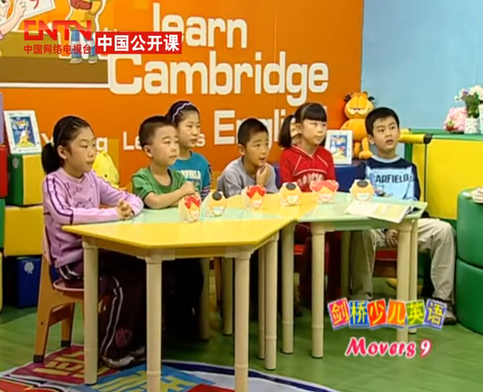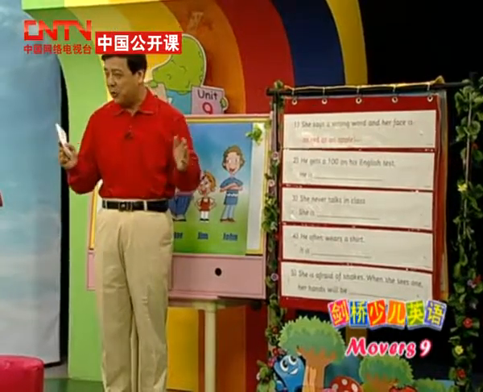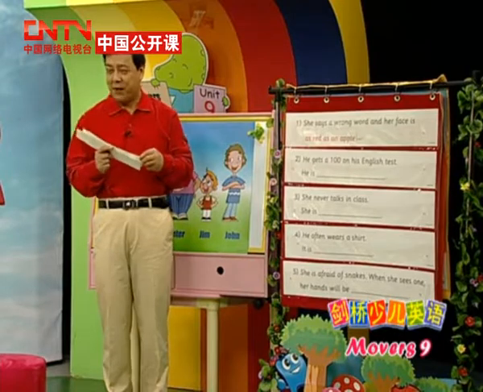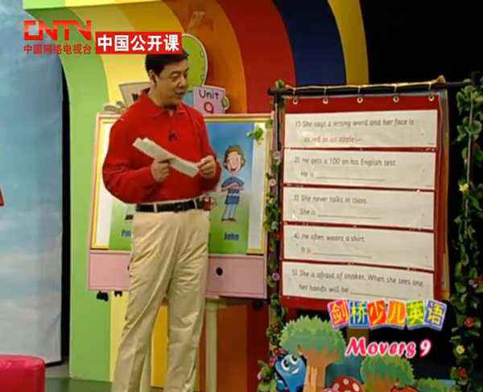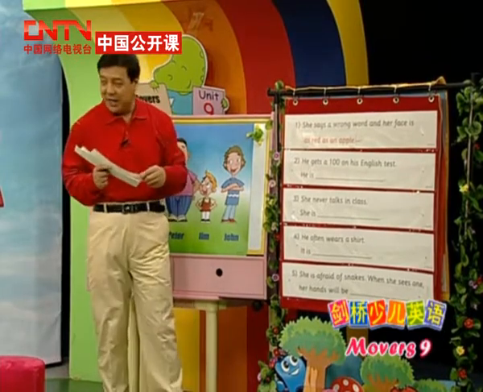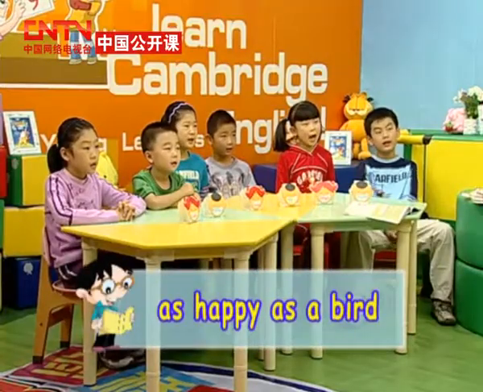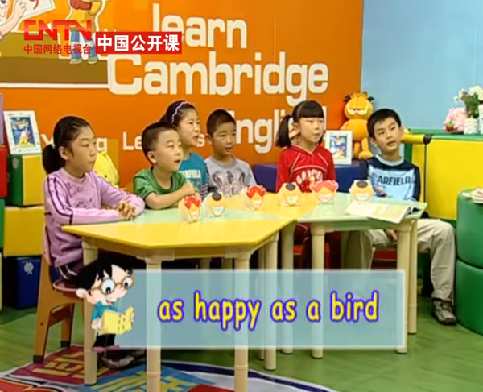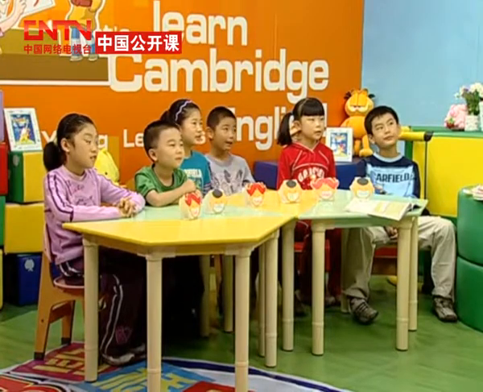Very good. 她说错了一句话，然后她变得脸通红，红得像一个。Very good. Now let's look at this one. He gets 100 on his English test. He is as happy as a bird. You know, the bird is very happy and flying all around.